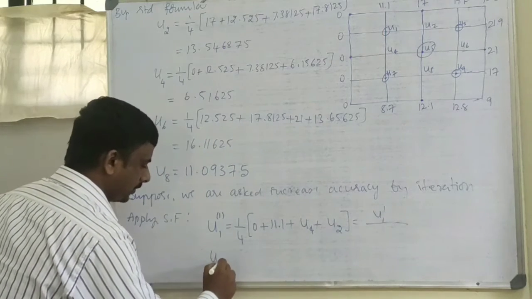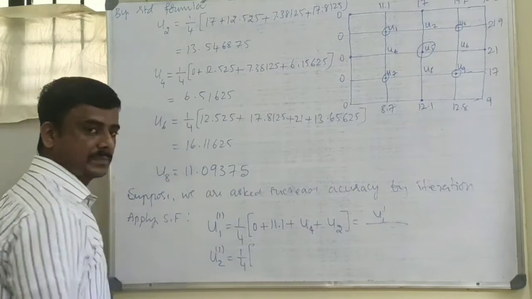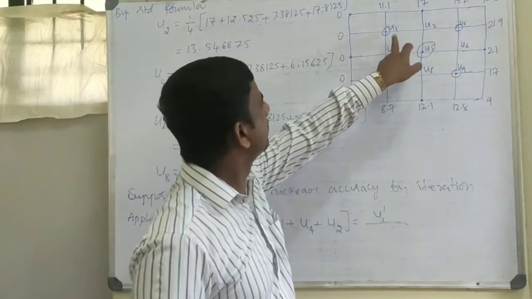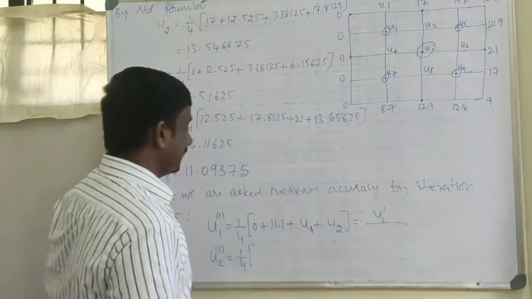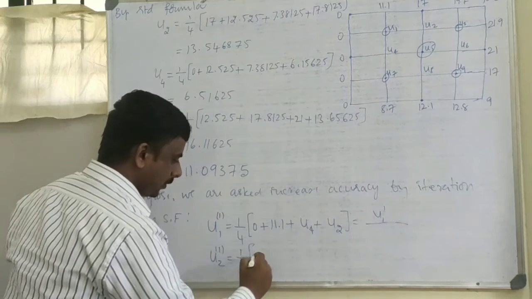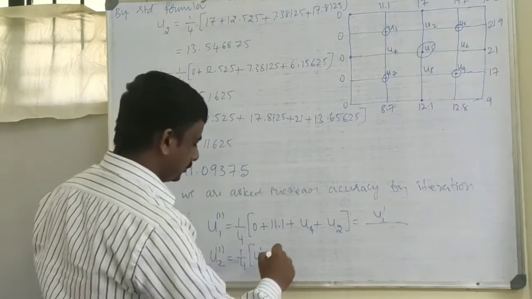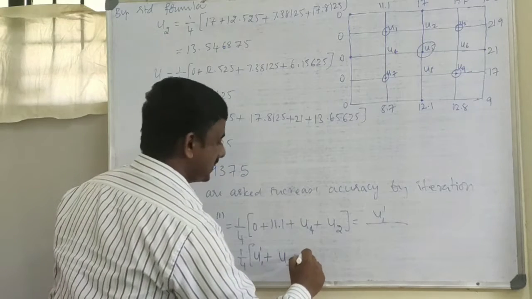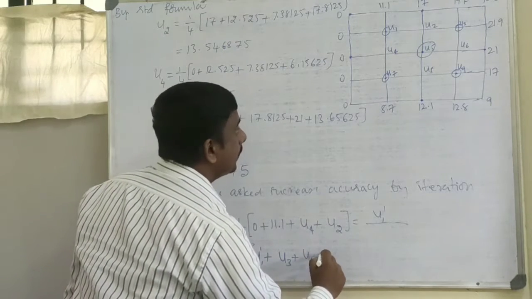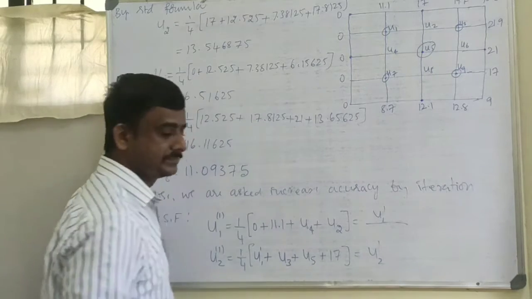Next, u2 of 1 will be 1 by 4 times. I have u1 there, but instead of that u1, I have to use this one, u1 dash, plus u3 plus u5 plus 17. That is u2 dash.